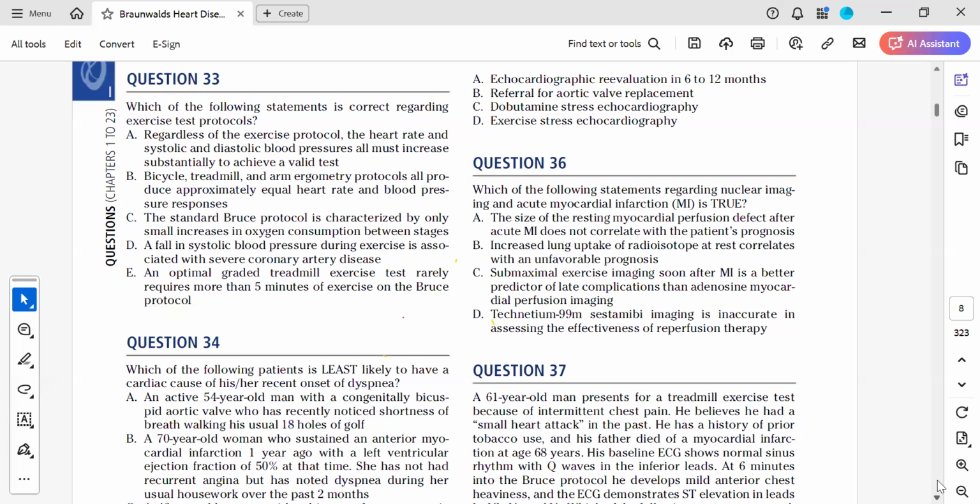Just to note also that in patients with suspected low flow, low gradient severe aortic stenosis who also have reduced LV ejection fraction, unlike our patient who had a normal LV ejection fraction, a low dose dobutamine stress echo or invasive hemodynamic measurement would not be a bad idea to help define the severity of the aortic stenosis.